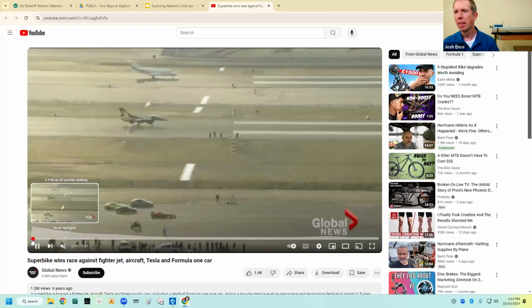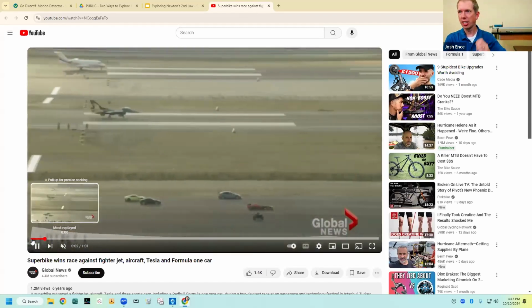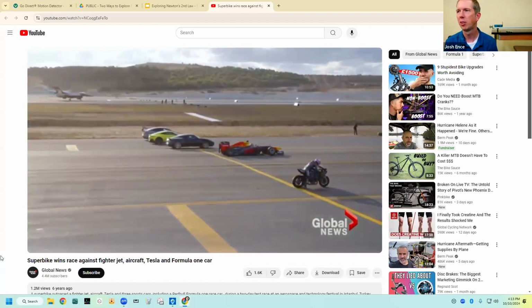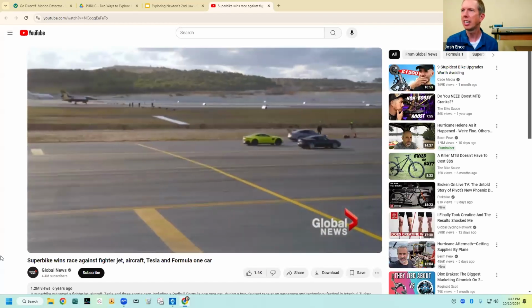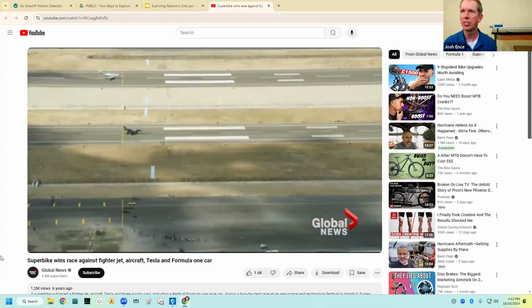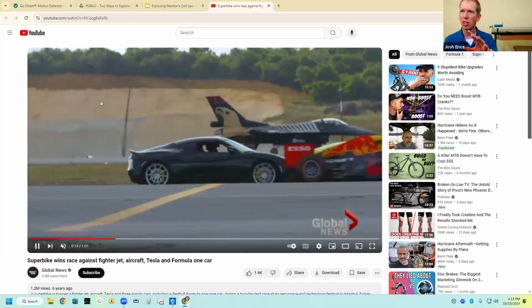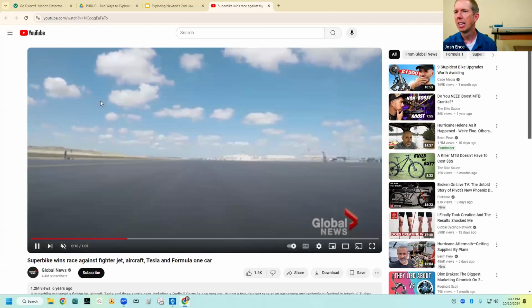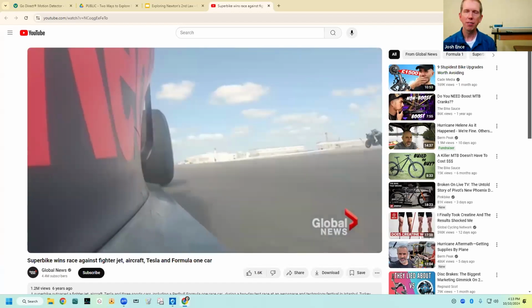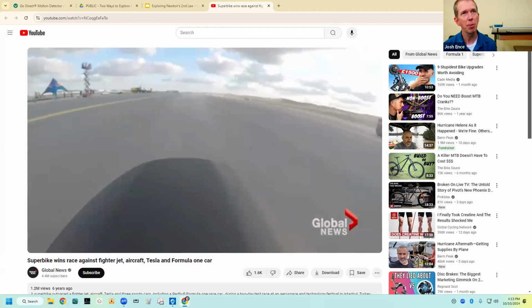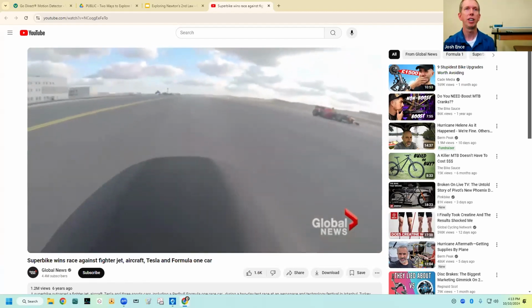And you can watch this. It shows the race from various perspectives, which is nice. You can get a sense for how they're moving relative to each other. You can see the passenger jet is the slow poke in the background there. If you were just to ask students which is going to be fastest, they're probably going to tell you, oh, the fighter jet for sure.